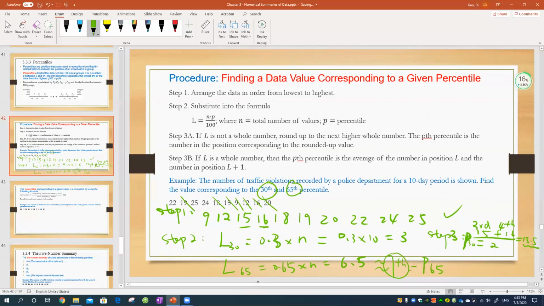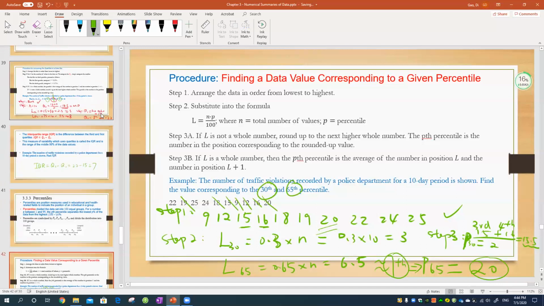And that's going to be our P65, which is, let's look at 1, 2, 3, 4, 5, 6, 7. So the 7th number is going to be 20. So now we successfully found the 30th and 65th percentile.